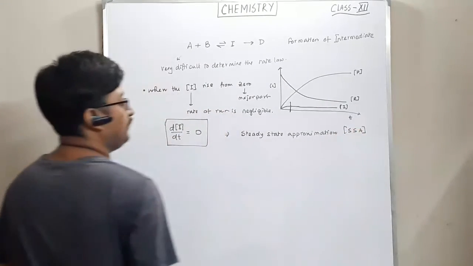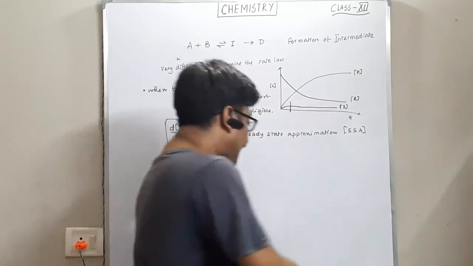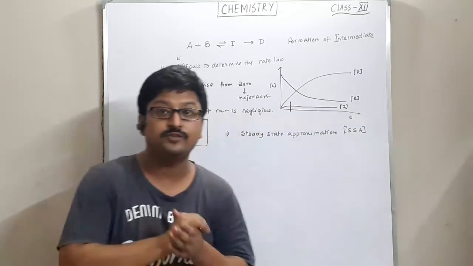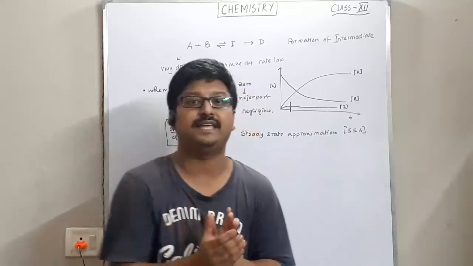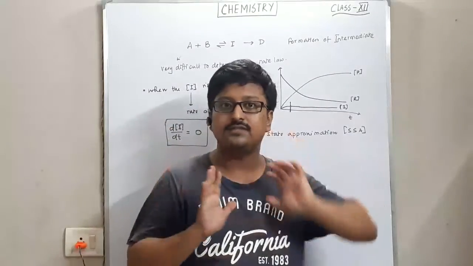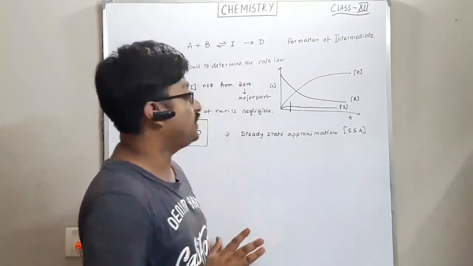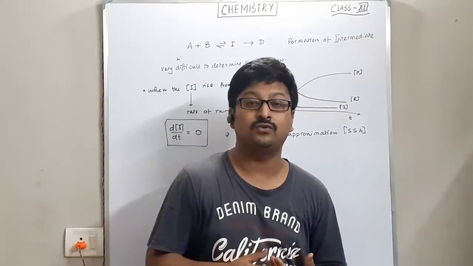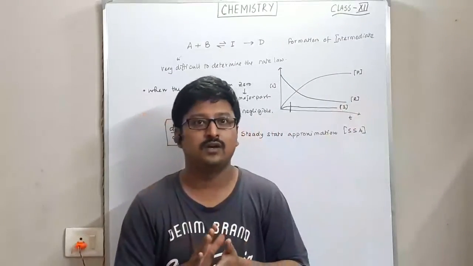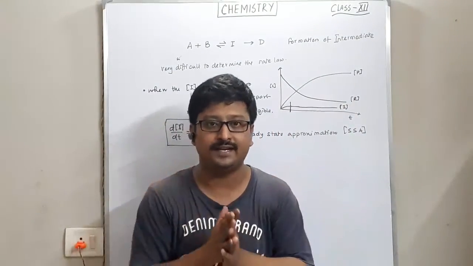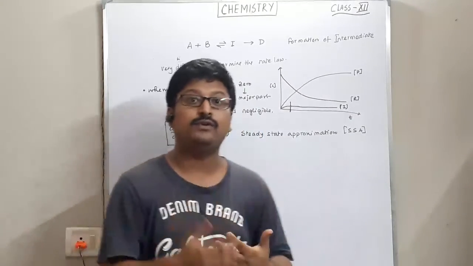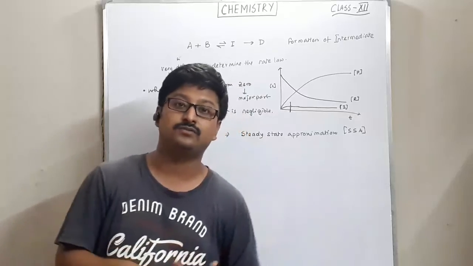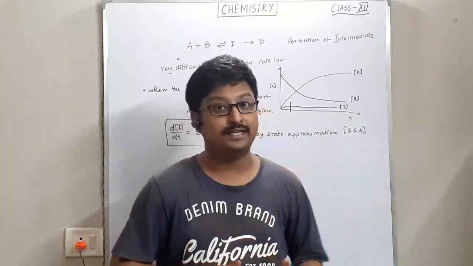This is a very fundamental approximation which is used when dealing with complex reactions, for example where you have an intermediate, or two different products, or one product from two different reactants. In such complex reactions, these kinds of things are very helpful. There are some complex examples in your book syllabus also. We will look at them.